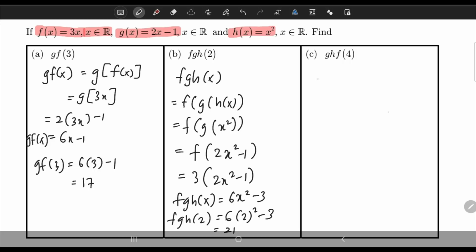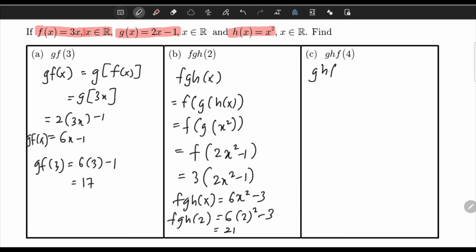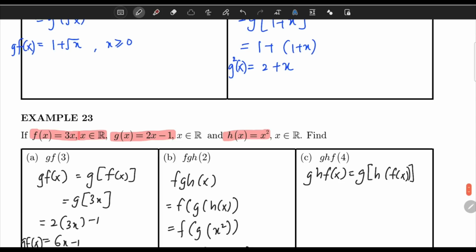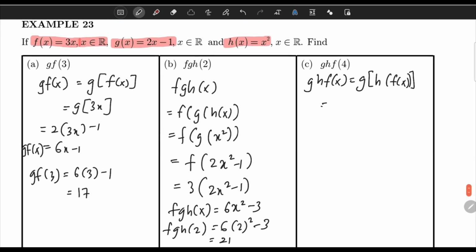So next, look at c. So same thing. So find ghf of x first. So use proper brackets, gh and then fx. Right? So gh, your fx is 3x. Substitute into h. So we have 3x bracket squared.